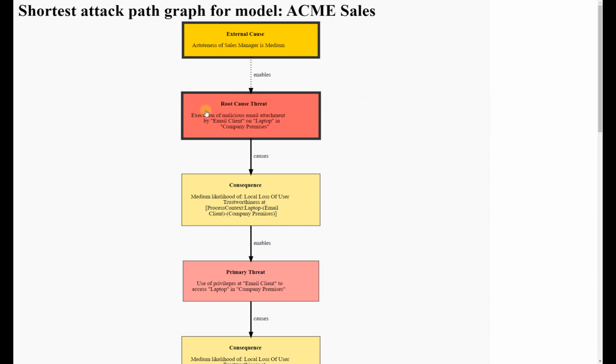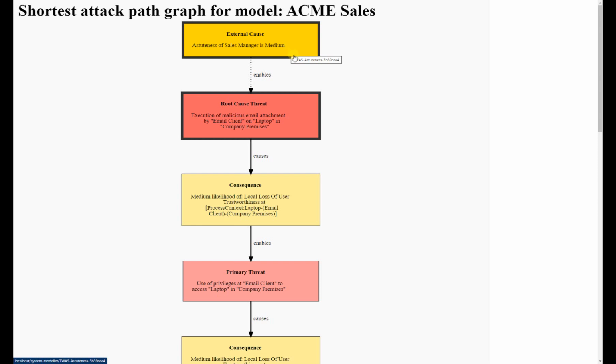And this opens up in a new tab here, and it's showing us the root cause, the same one we were just looking at, execution of malicious email attachment, and it's showing us what enables that root cause to happen. In our model, it's quite likely because the astuteness of the sales manager is set to medium.